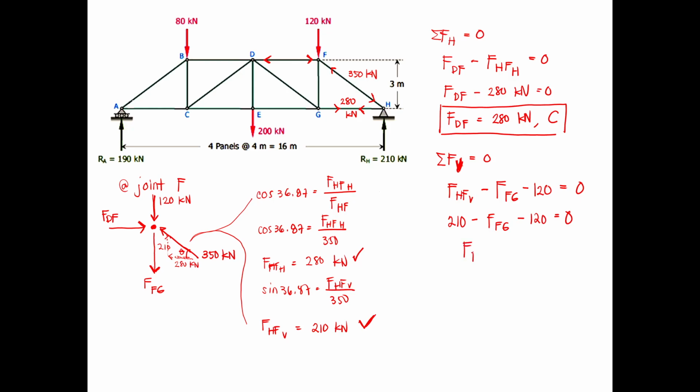So force FG is equal to 90 kilonewtons, and that will be in tension. This is in tension also. So this is 280 kilonewtons, this will be 210, 90.